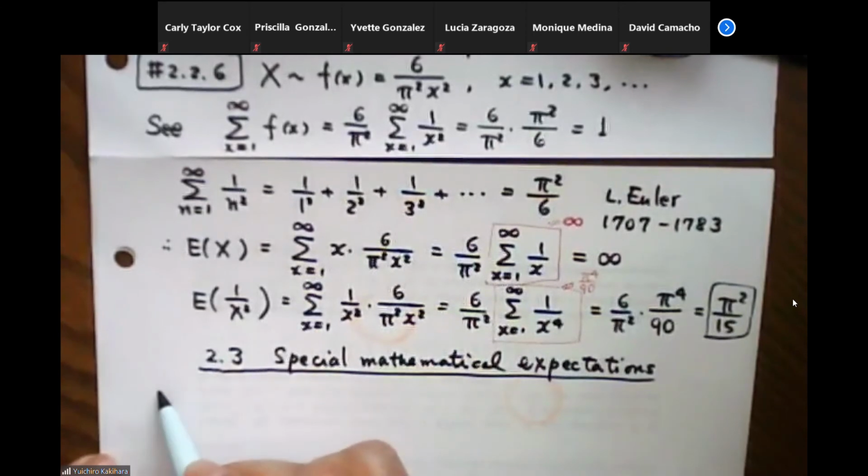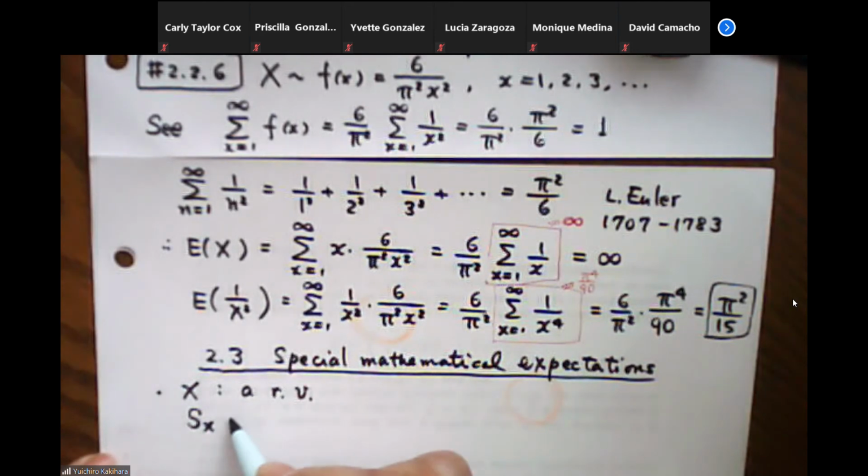So starting from a random variable, okay, a random variable is given, and the space of X, this is the range of X, consists of finitely many numbers, u1, u2, up to u sub k.